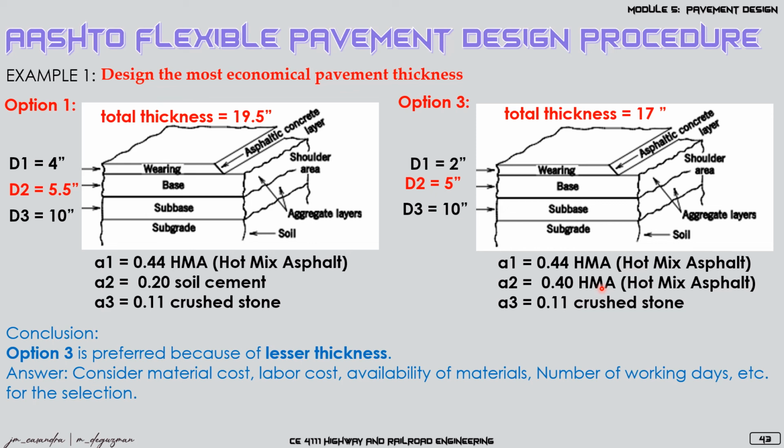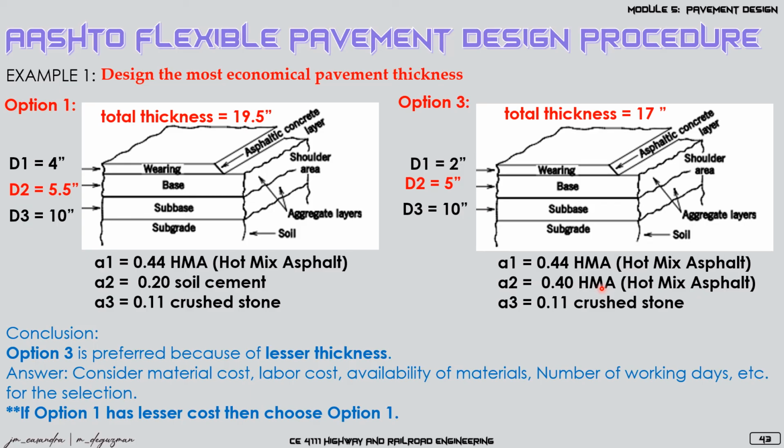But, considering the material cost, the labor cost, the availability of material, number of working days, and other factors in our selection, we could use option 1 if option 1 is cheaper compared to option 3.